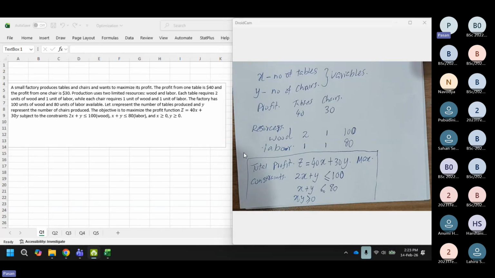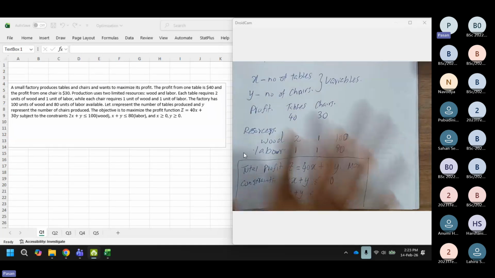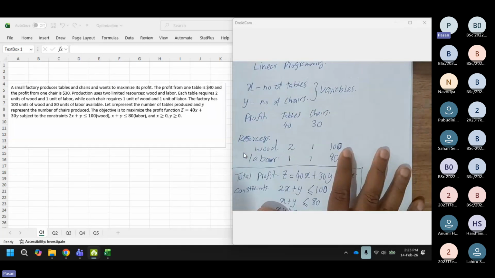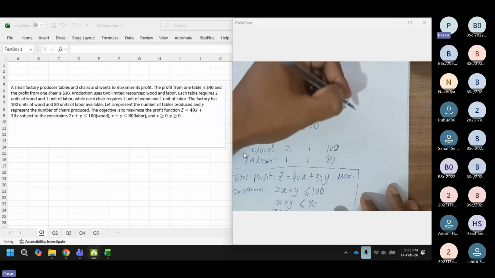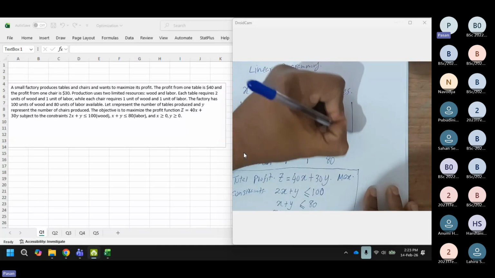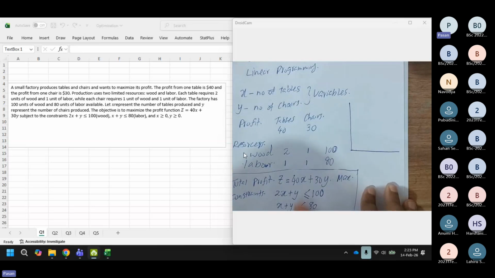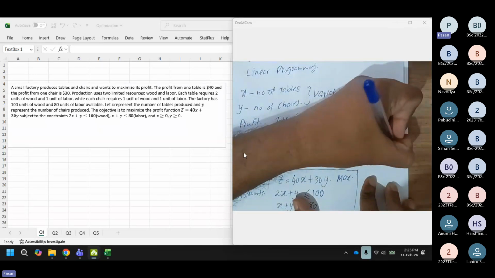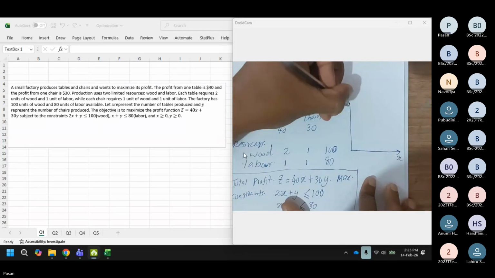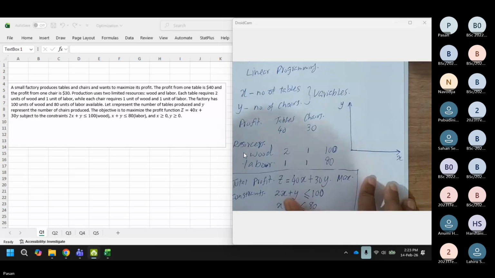Now first, I'd like to show you how we can tackle this one using the graphical technique, right? Since I have two variables X and Y, I can graph it. I can define X and Y axes here, right?